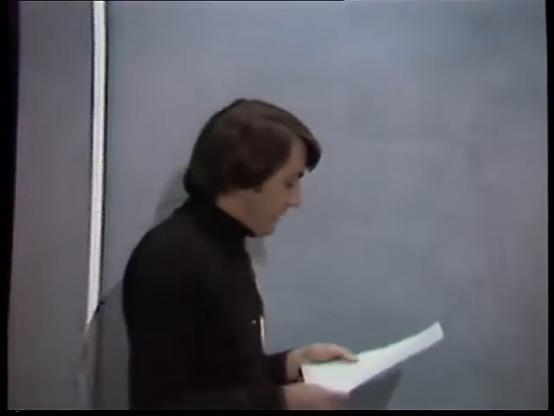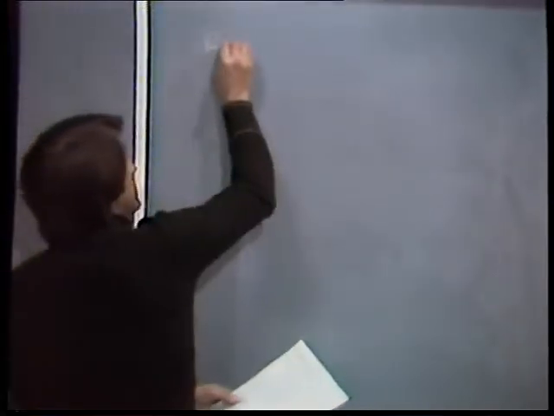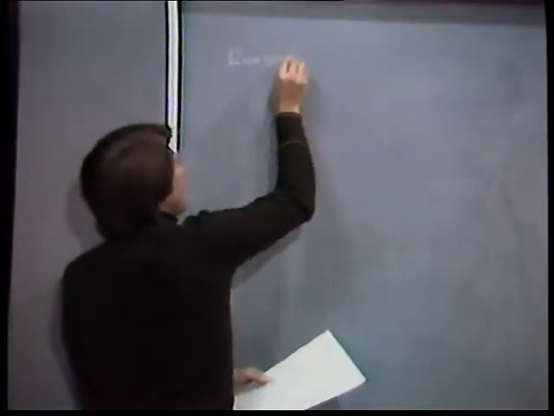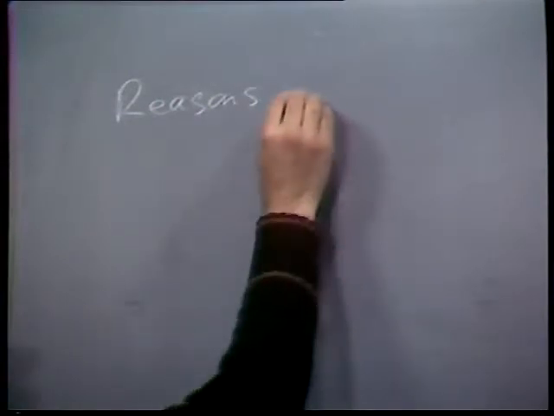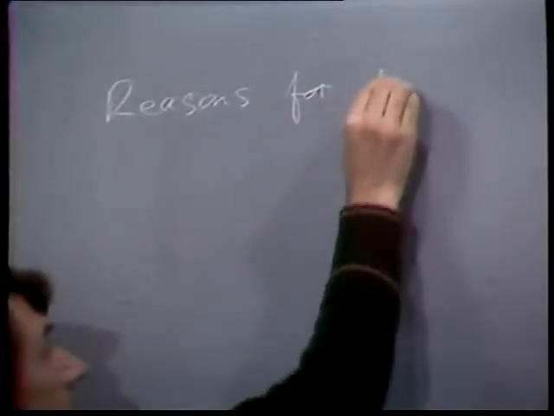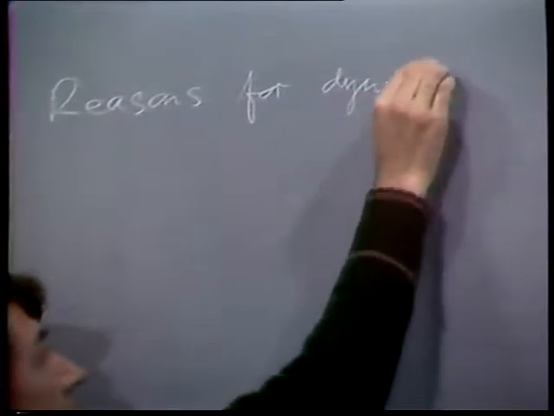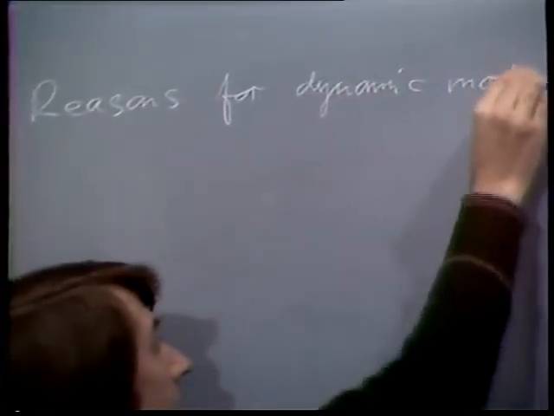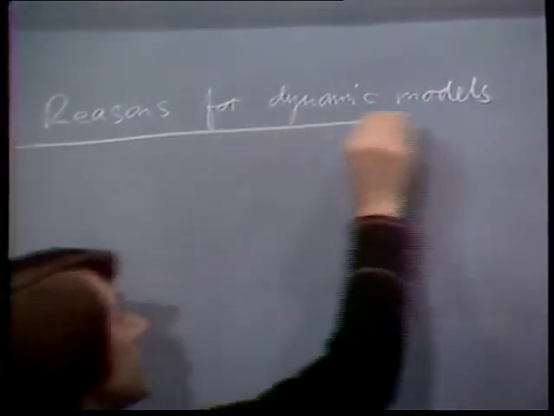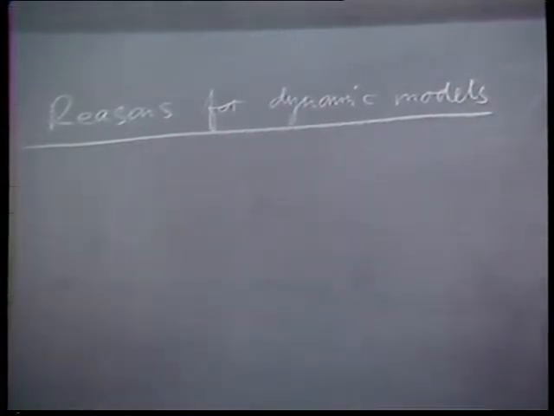Before going on to consider those problems in detail, that is the determination of parameters like P and Q, let's first of all look at some of the reasons for dynamic models. By dynamic model, all I mean is that there are lag values of the variables involved in it, so that we do get polynomials in lag operators.